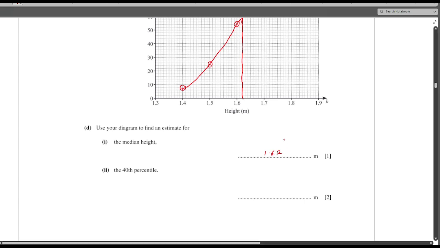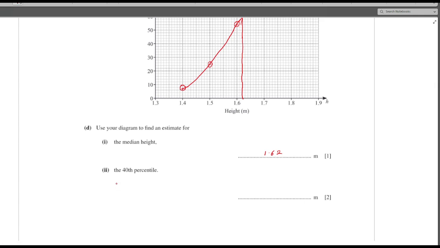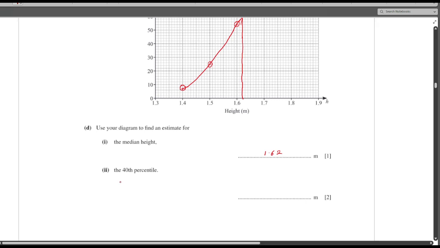And then the 40th percentile. The 40th percentile is 40 divided by 100 multiplied by the total frequency, 120. So this 0 cancels, this 0 cancels, and 12 fours are 48.